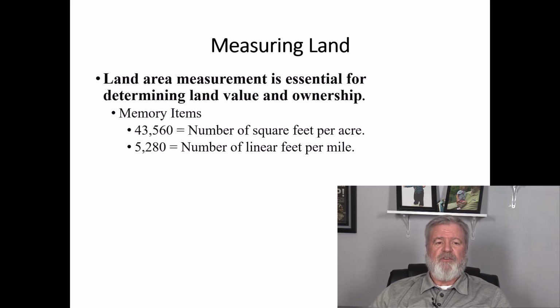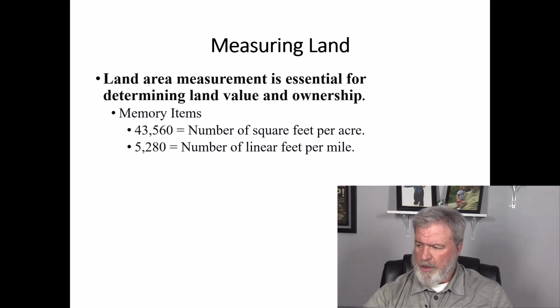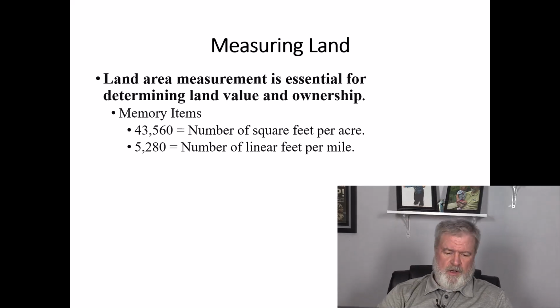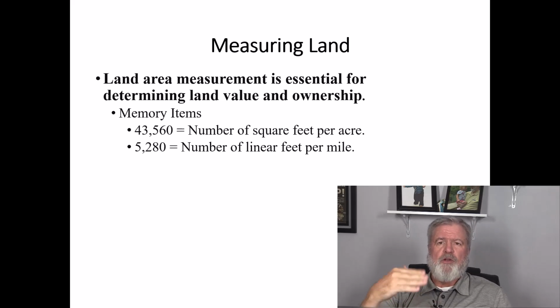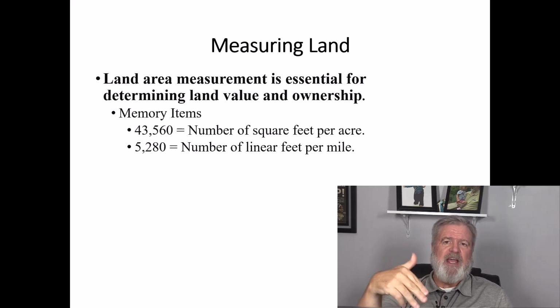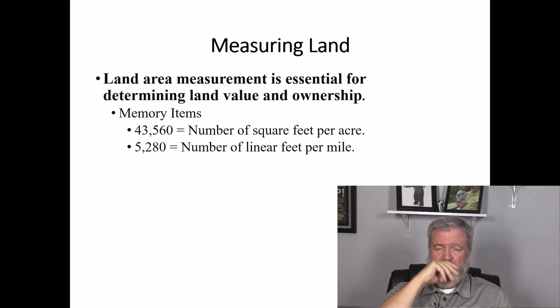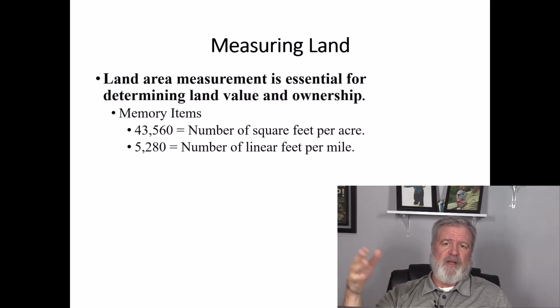Y'all, if you've got your calculator, you're going to need it to do this. Say, for example, you look in the tax records to see how much land comes with this property. It might tell you that you've got 0.6 acres of land, for example.